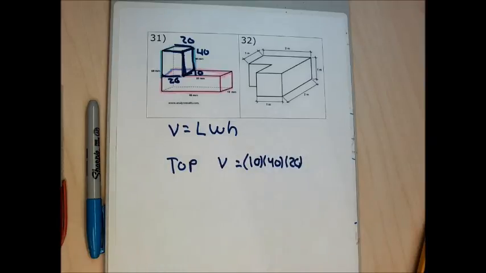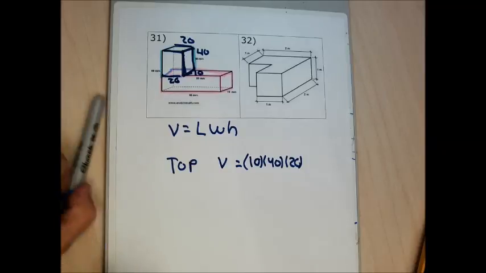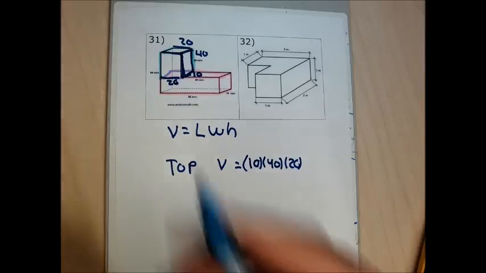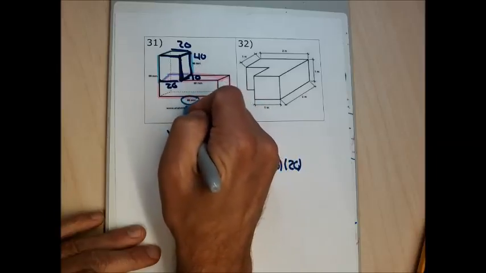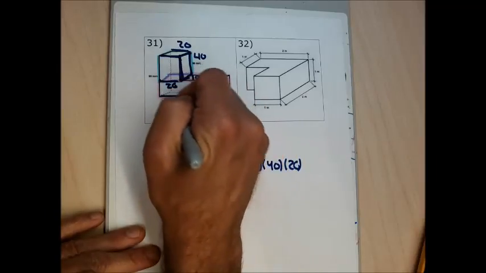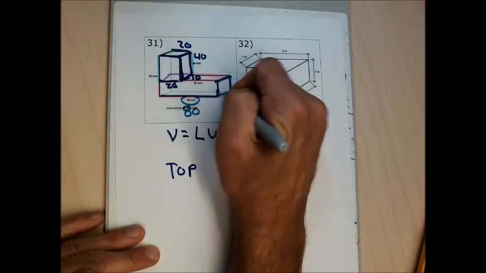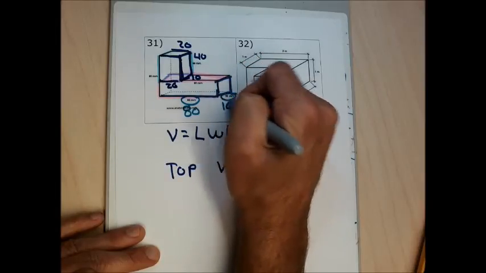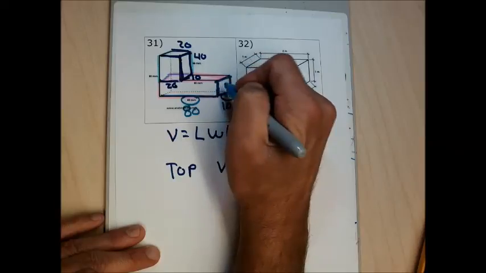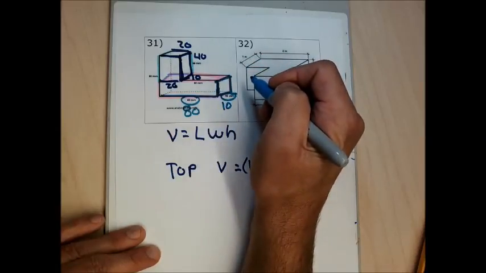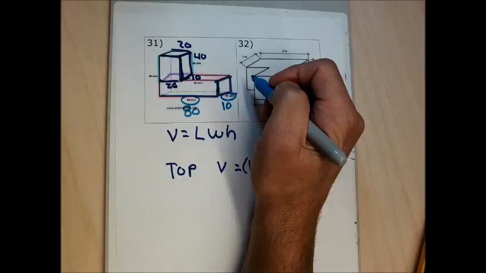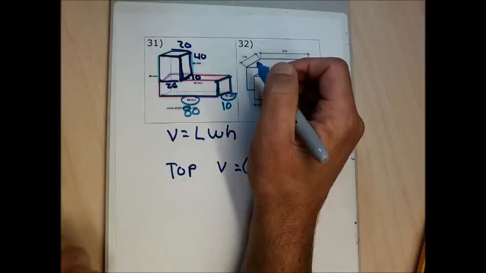For the bottom, the numbers I'm going to need to multiply together are this 80, and then I'm going to need two more numbers. One of them is going to be this 10. I'm also going to need this side right here, and unfortunately, I don't know that's this length.